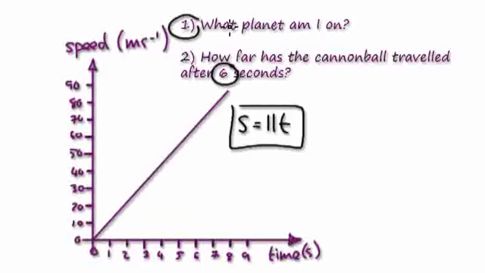Okay, so this bit here is just a quick reminder, and in a way it's a clue. So given this, find out what planet I'm on, and question two is the distance traveled after 6 seconds. So press pause.